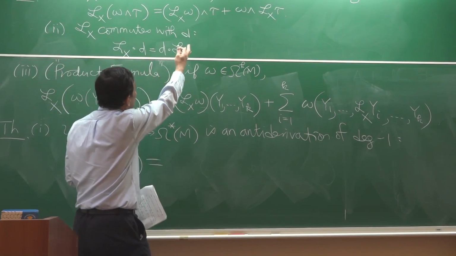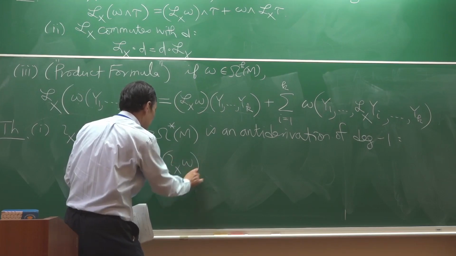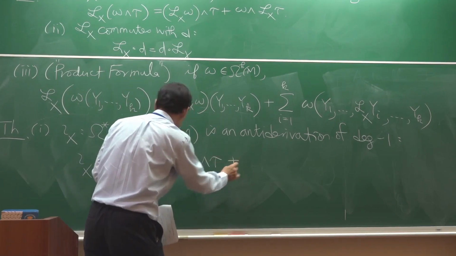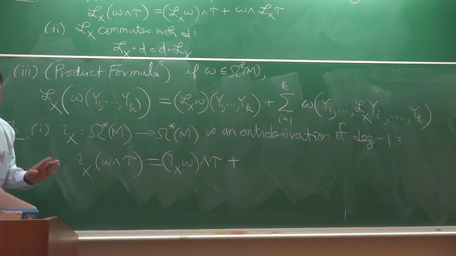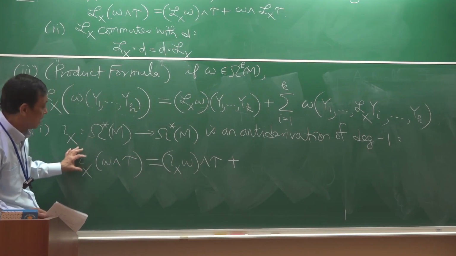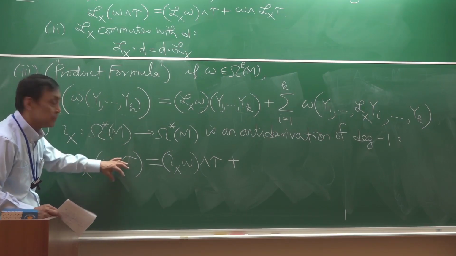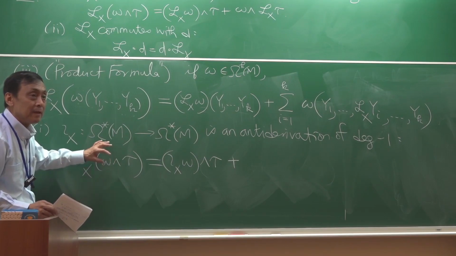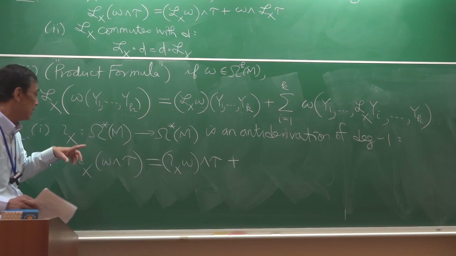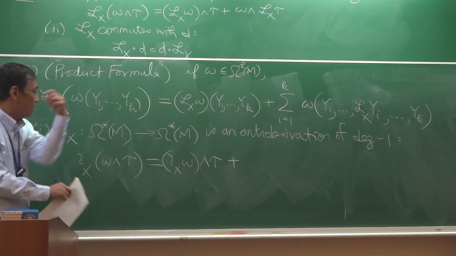It's almost like a derivation, except there is a sign. So iota x of omega wedge tau plus. And the rule is that whenever you move something across something else, there is a sign that is the product of the two degrees.